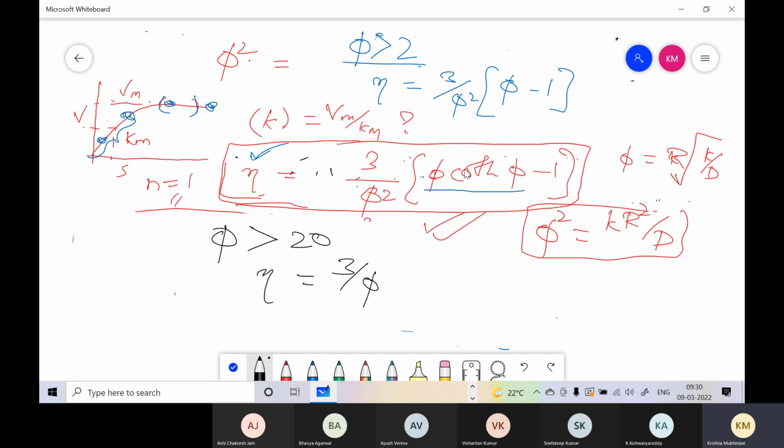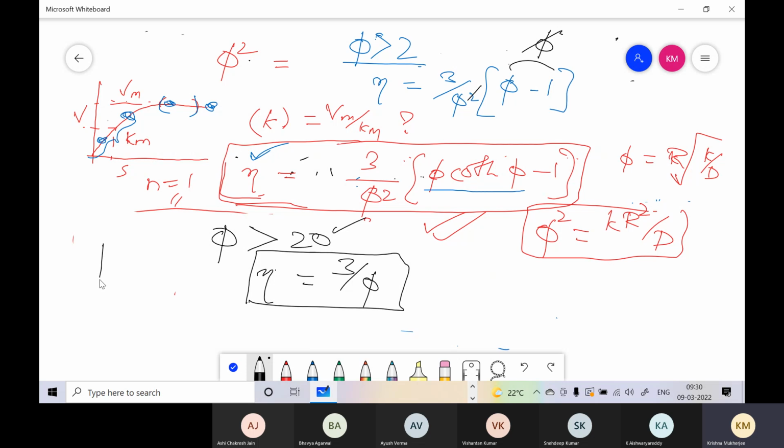Because phi is very large, if we have made this approximation, then phi minus 1 becomes equal to phi, and phi gets cancelled out, giving 3 by phi. So this is an approximation which is valid for phi greater than 20. So very highly diffusion controlled, we simply have an inverse 1 upon x kind of relationship with phi. So efficiency keeps on decreasing. That makes sense, right?